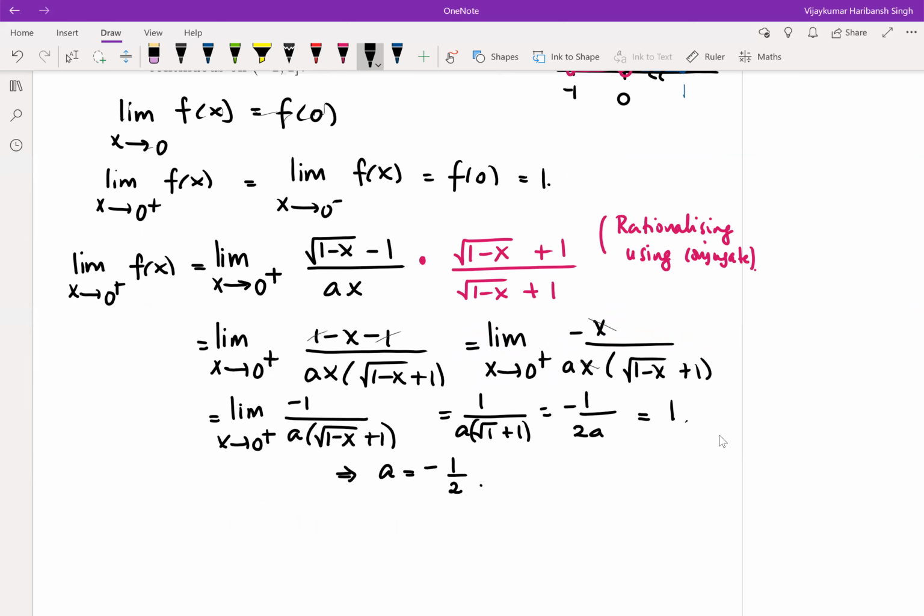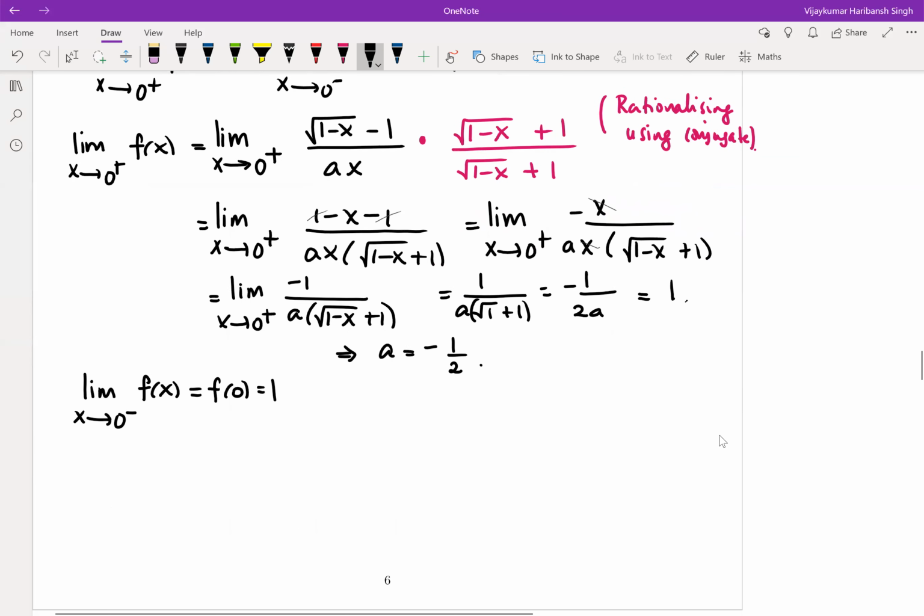Now, similarly, what should happen? For continuity, the limit as x goes to 0 minus of f of x should also be f of 0, which is 1. So now in this case, what is your f of x?